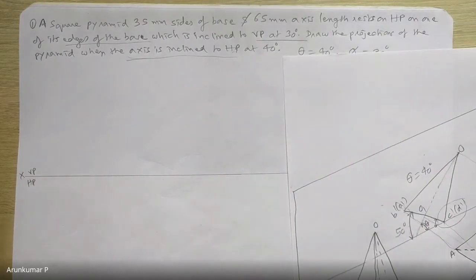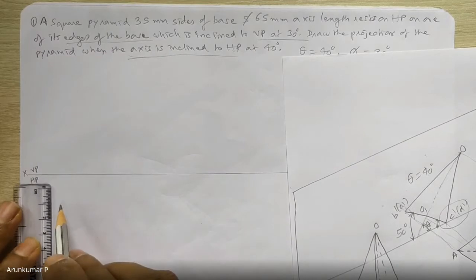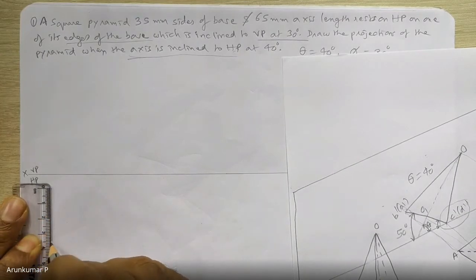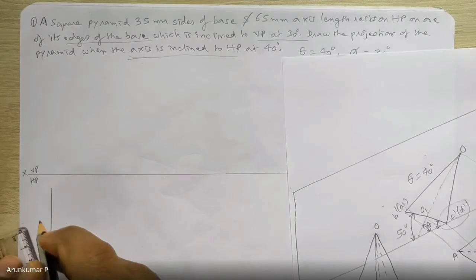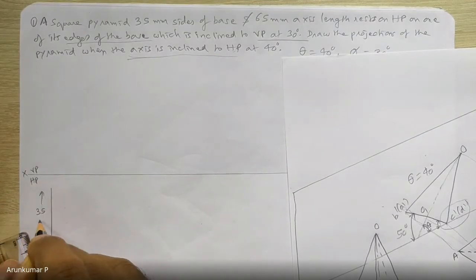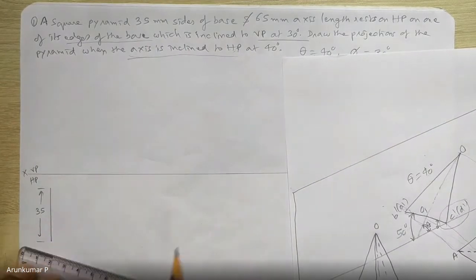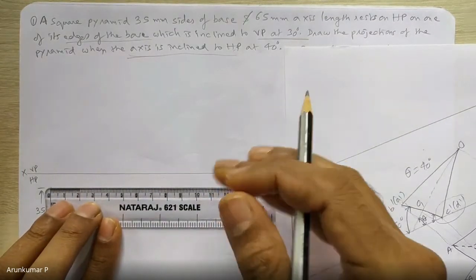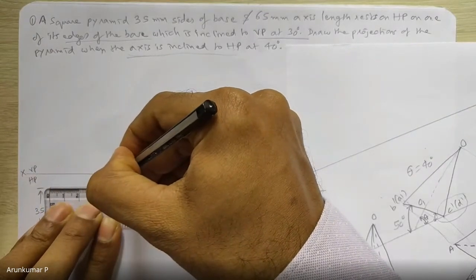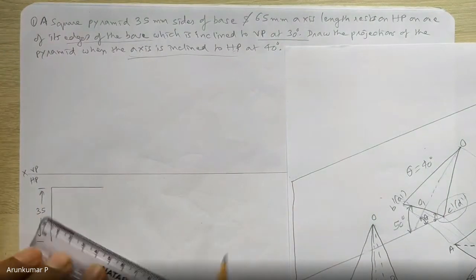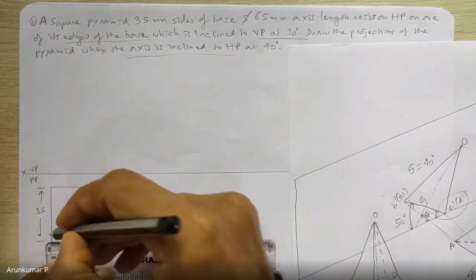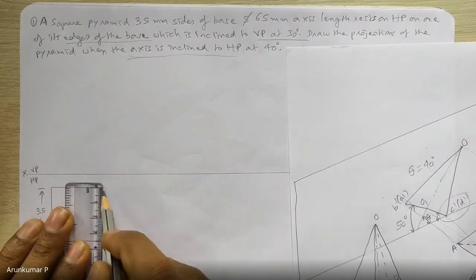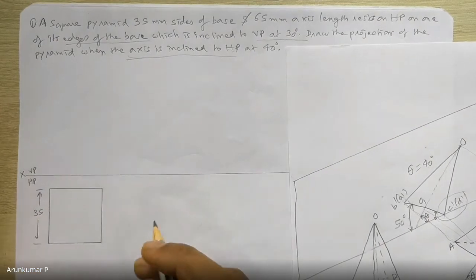Draw the square of 35 mm sides, starting with this. 35, 35, 35, and 35.